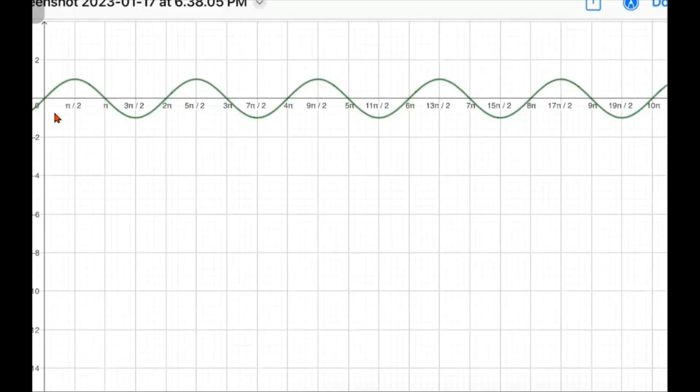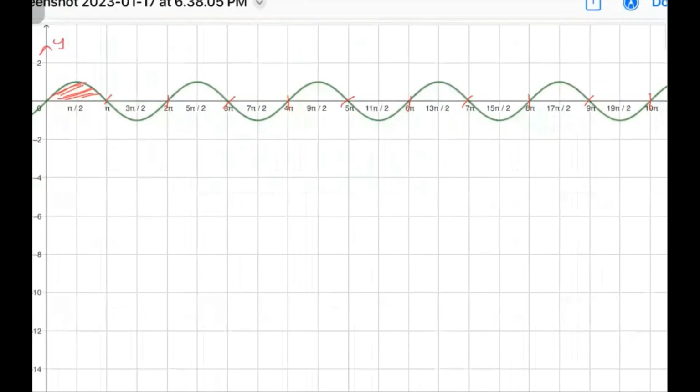Now, if you consider a graph of sin x from 0 to, this is pi, 2 pi, 3 pi, 4 pi, 5, 6, 7, 8 times pi, 9 times pi, up to 10 pi. Between 0 and pi, it is positive above the x-axis, this is the y-axis, and between pi and 2 pi, it is negative.